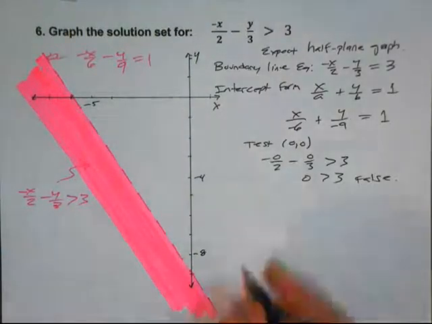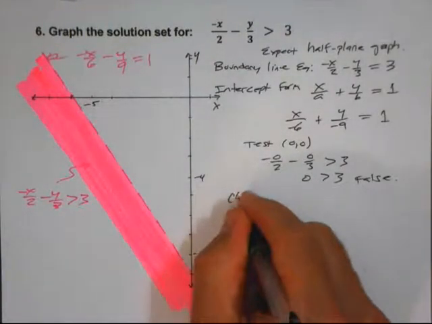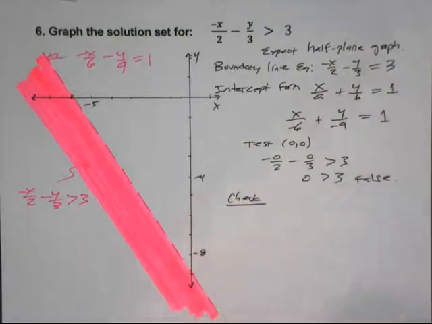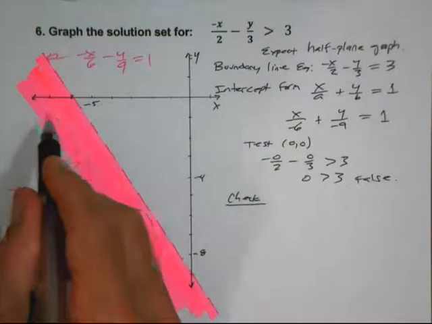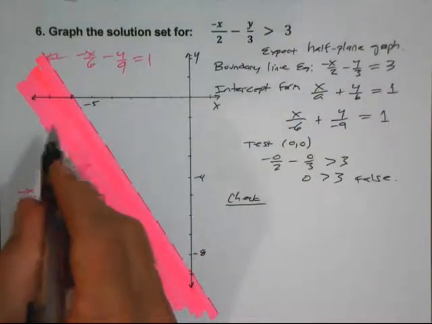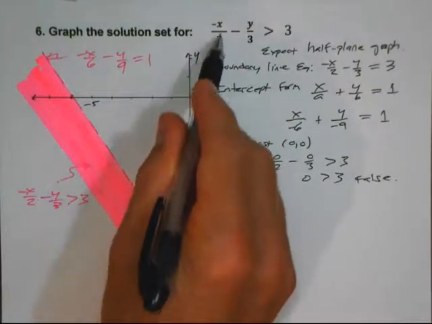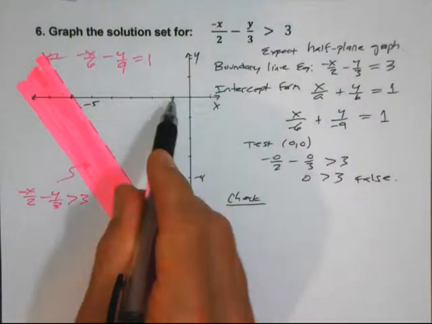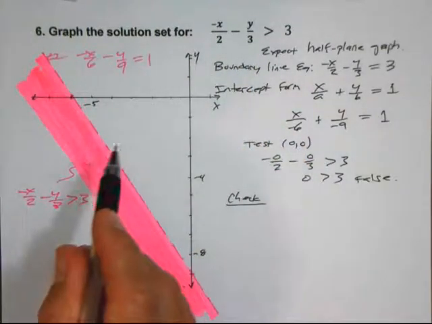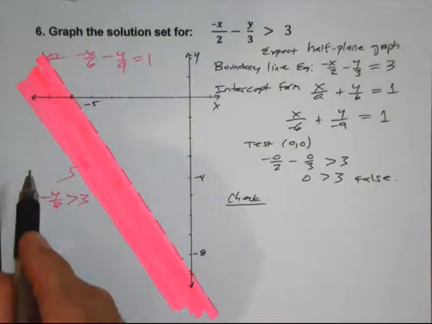Okay, let's check our work. Let's see. Alright, let's pick a point that's in the shaded region. And I'm even going to plan ahead. I'm thinking about something whose x-coordinate divides by 2 and whose y-coordinate divides by 3 evenly to make the arithmetic smooth.